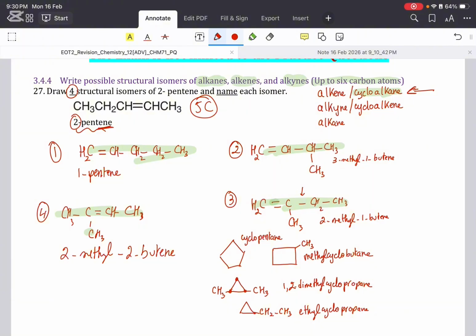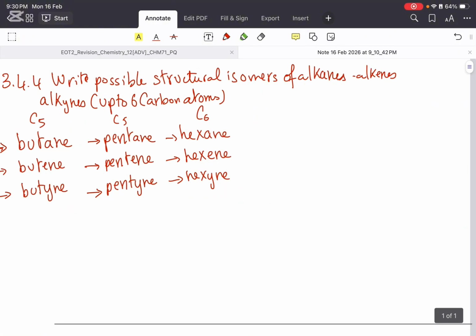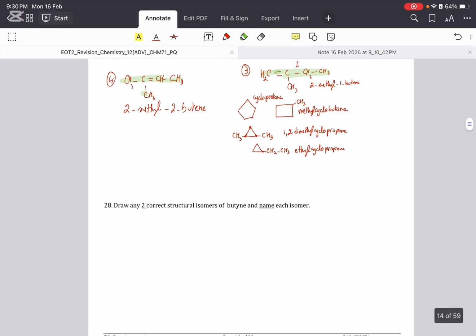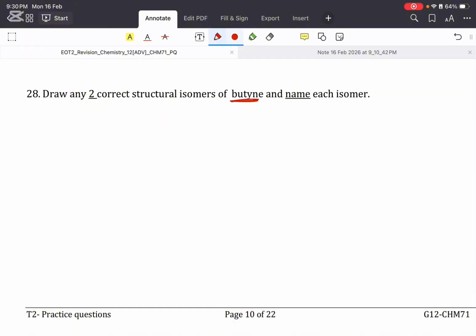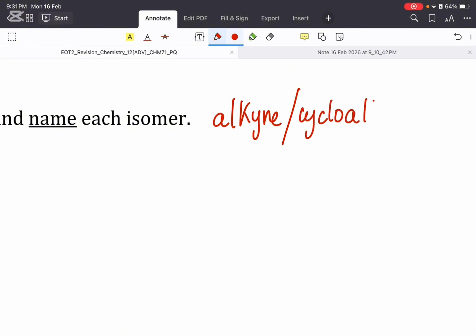Let's take another example. So here I have explained the pentene. Now, moving on to question number 28. Draw any 2 correct structural isomers of butyne. So again, if you have alkyne, you can do isomers with alkyne by shifting the triple bond or with cycloalkene.